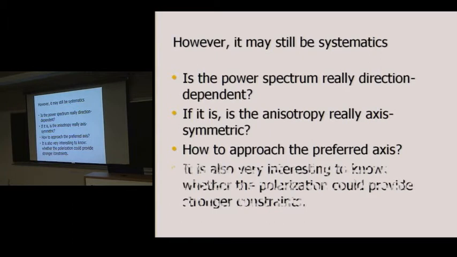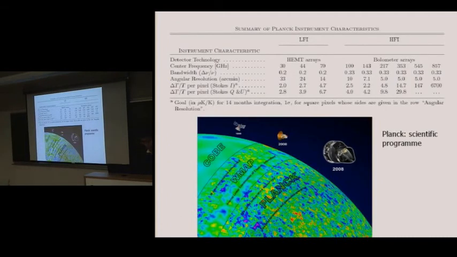And at the same time, to answer all of these questions, we also need to take into account the more and more precise polarization data possibly measured by Planck, and also future experiments, as we just heard, those kind of ground-based experiments. So as we know, this is the Planck scientific program.